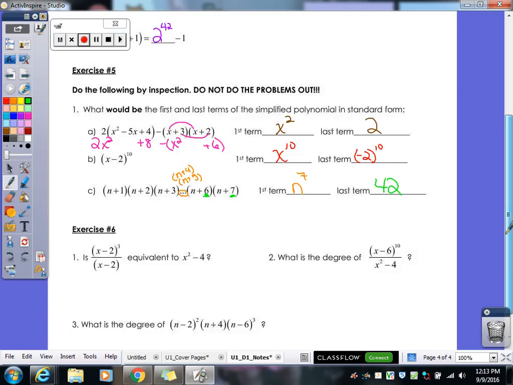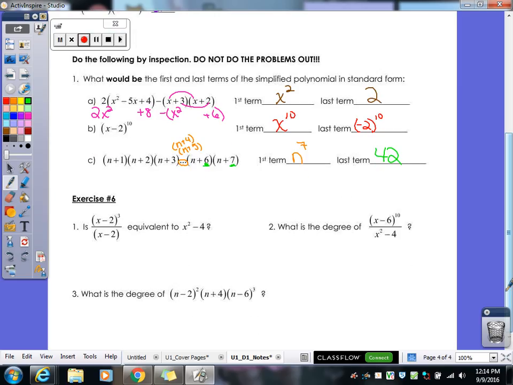Okay, last thing here. X minus 2 to the 3rd over x minus 2. They want to know if that's equivalent to x squared minus 4. So even though it's a binomial, don't we have the same thing in the parentheses? So we follow our exponent rules. If I subtract my exponents, this would give me x minus 2 squared.